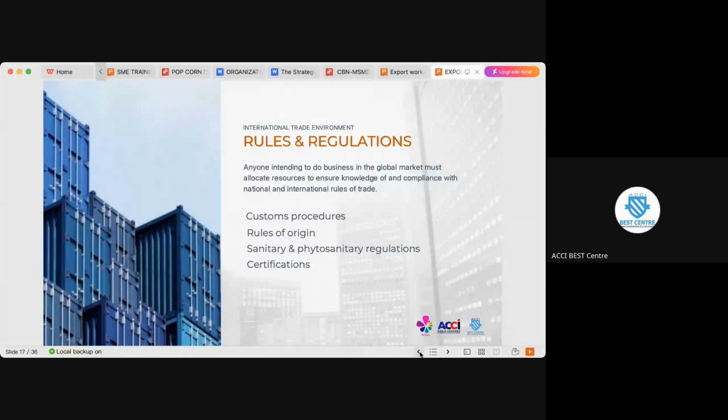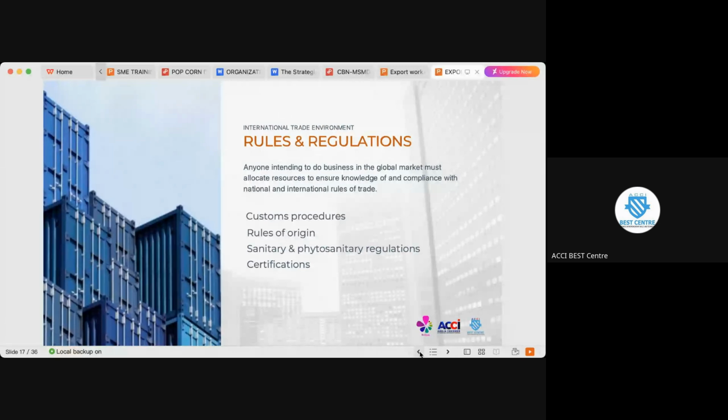And why is rules of origin important? It is important because no matter the end buyer, the location where that product is going, they can trace it back. It gives room for traceability. In the international space, there's been a lot of conversation and interest about traceability. That is, how are we able to trace where this particular product that we are using is coming from?